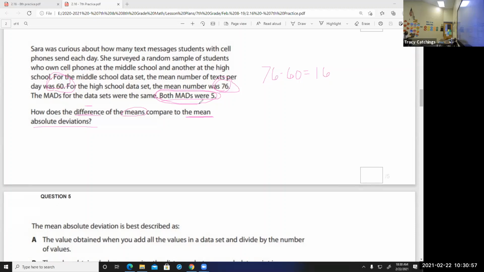How close are they? So if the high school had a mean of 76 and an MAD of 5, are those numbers far apart? Not really. So that means most of those values are going to be around 70, 71, somewhere in that number. But then I got these middle school that says 60 and the MAD is 5.